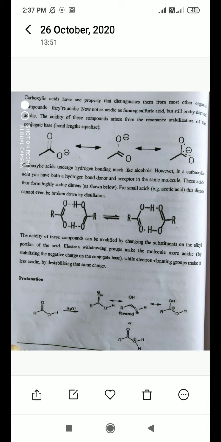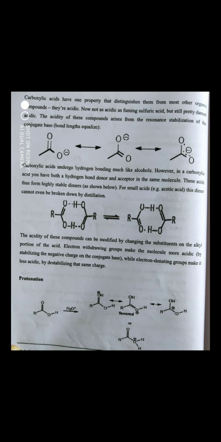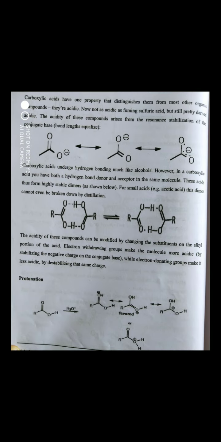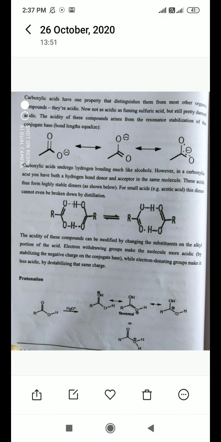For example, acetic acid, CH3COOH: one molecule of CH3COOH forms a dimer with another molecule of CH3COOH. This dimer is very hard to break through steam distillation. We can't separate the two acid molecules by steam distillation because of this strong dimer formation.